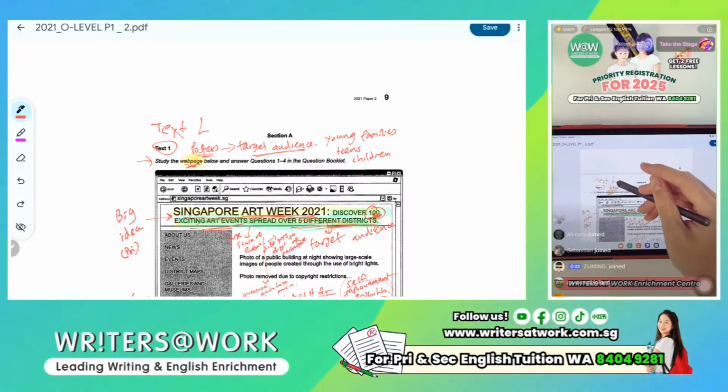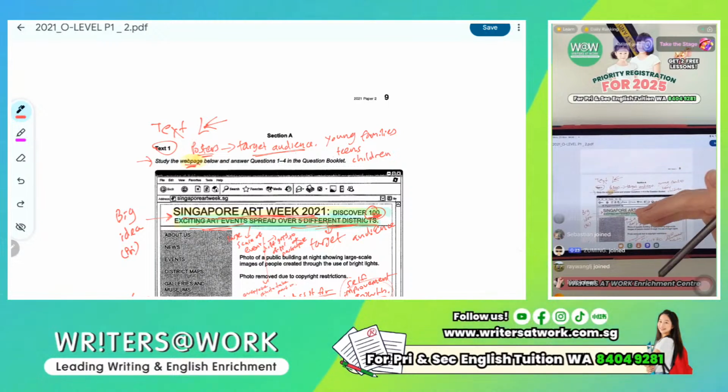And the second text would be something that is more wordy, and the first text is usually a poster, so there are more pictures. And the idea of why they are doing that is they want to see how you can link text 2 with the words with some of the pictorial elements that are present in your text 1.